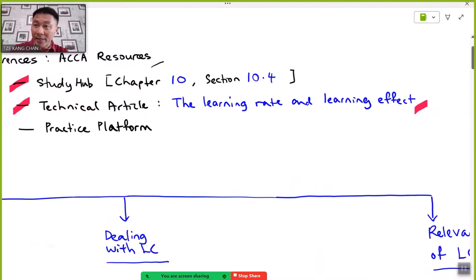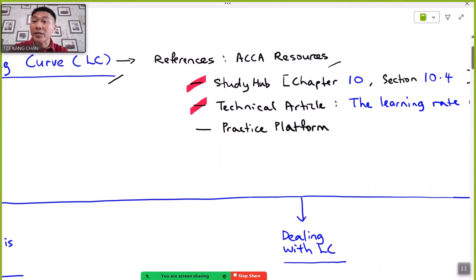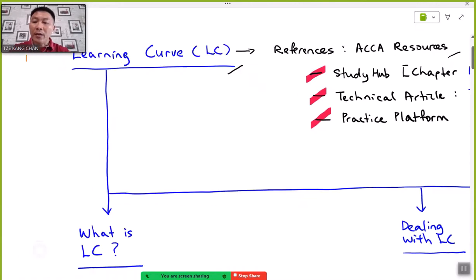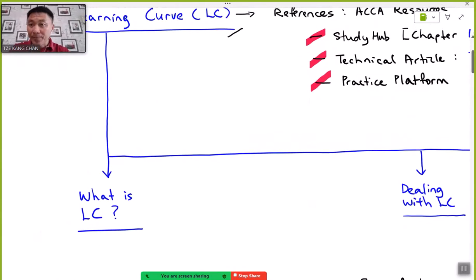Lastly, the questions that appear in past examinations and the practice exams found on the practice platform. It is highly recommended that students go through all these resources while watching this video or after watching the video.